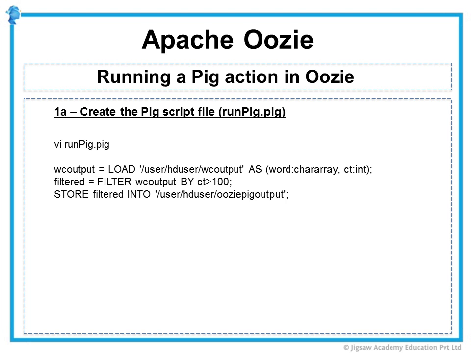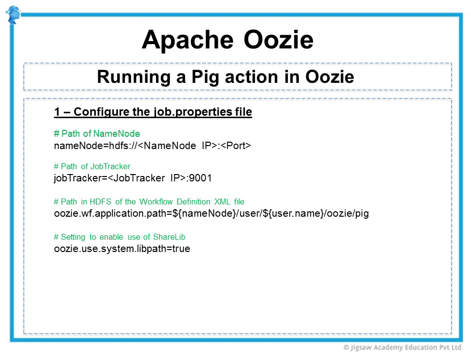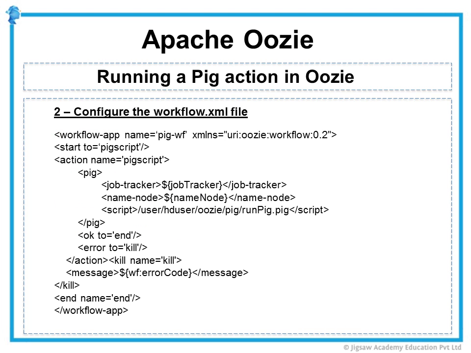Okay, so next we'll configure our job.properties file, which is pretty much similar to the job.properties file we had for our sqoop action, including the use of the oozie.use.system.libpath equal to true property. Then the workflow XML will basically use a pig action.